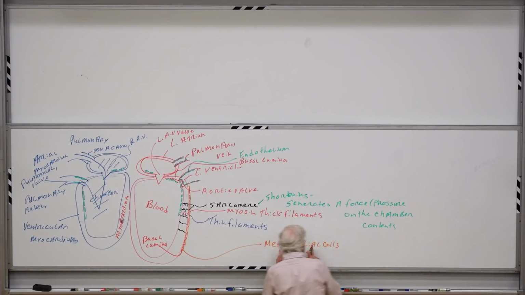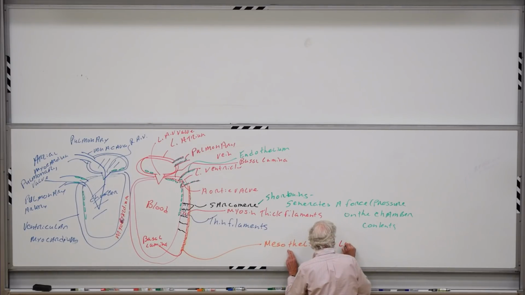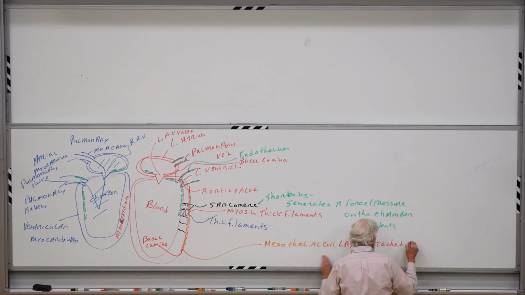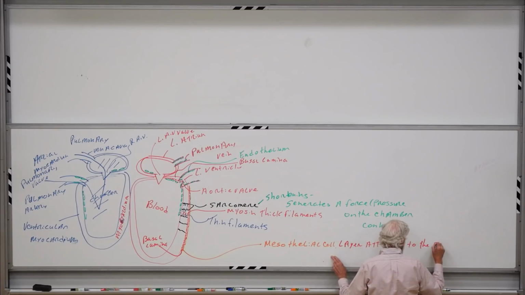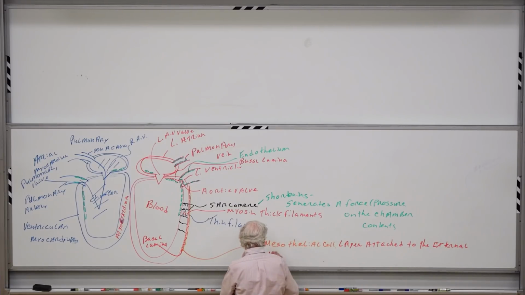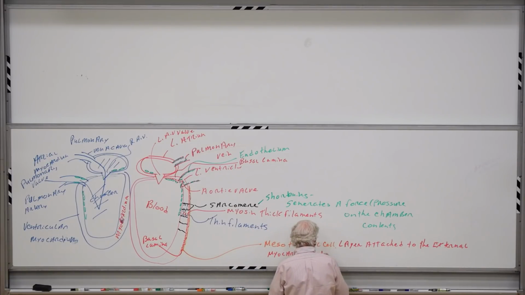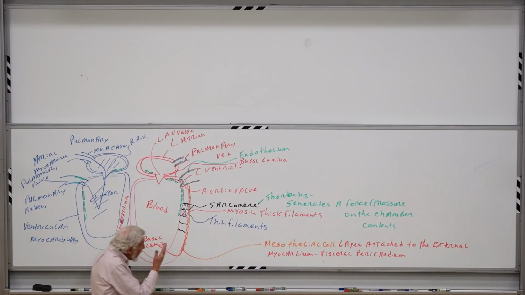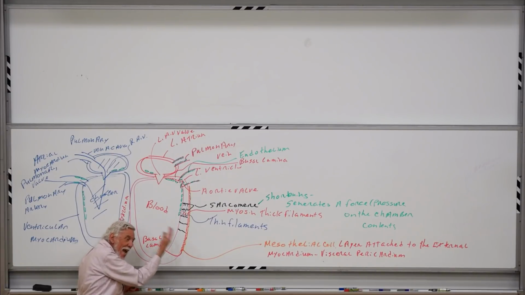And so the mesothelial cell layer attached to the external myocardium is called the visceral pericardium. So there's a layer of mesothelial cells stuck to the wall of the heart. We name that the visceral pericardium.